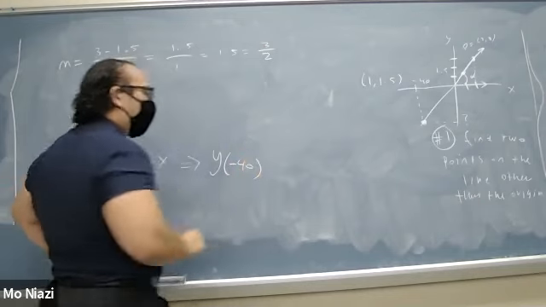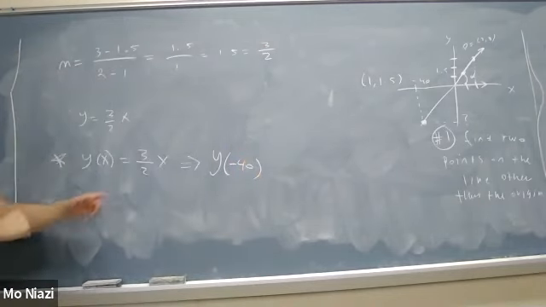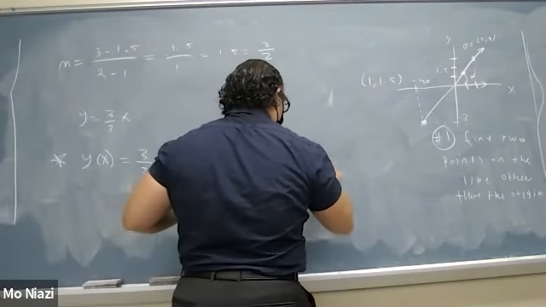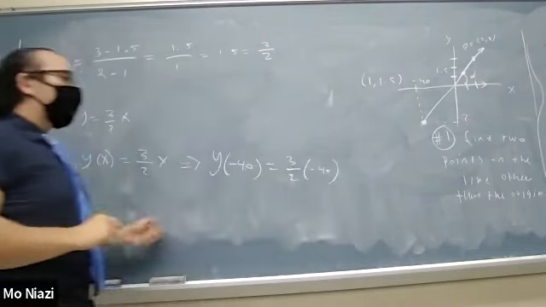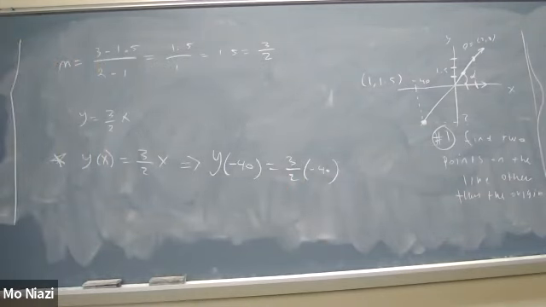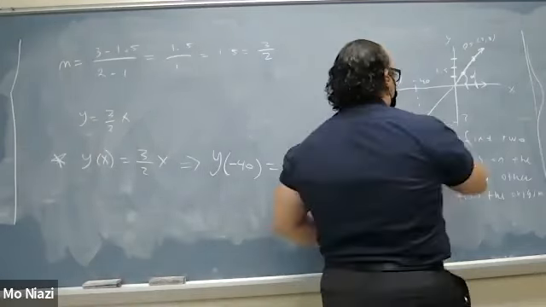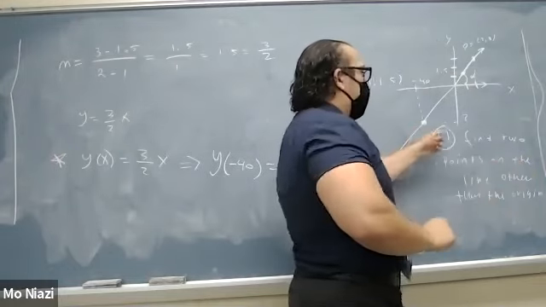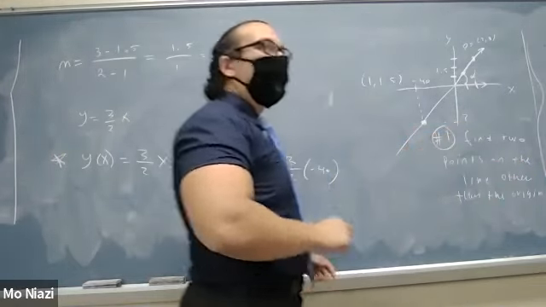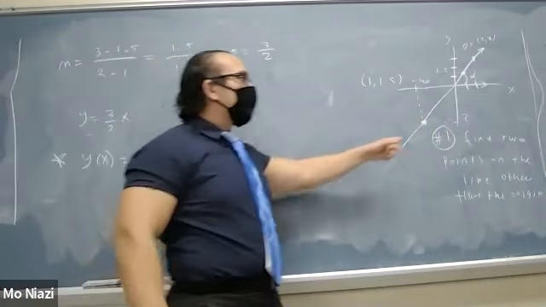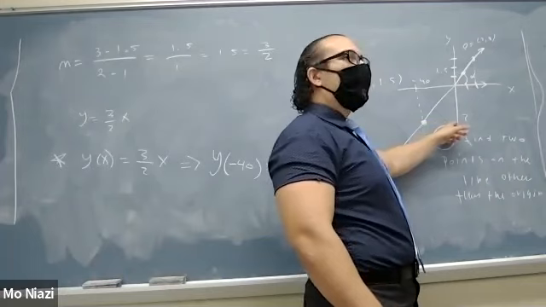We would wish to evaluate what is y of negative 40, meaning we just replace the x with a negative 40 and see what the y becomes in the equation. We give it the input negative 40 and calculate what the output is. So the number it spits out will be what it is over here. And that makes sense because it's going to be a negative number, because this is a negative on the y-axis.